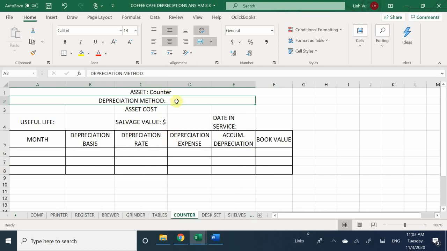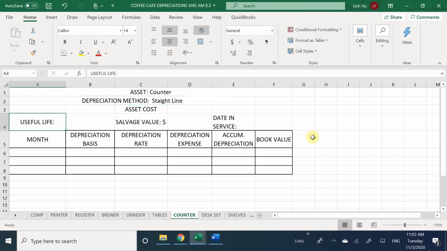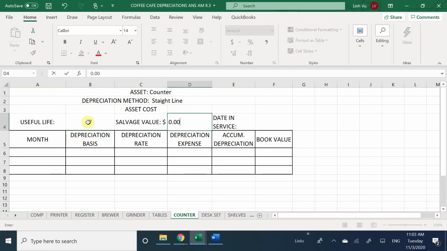All right. So I know that my counter is going to be straight line, 7 years useful life and no residual value.